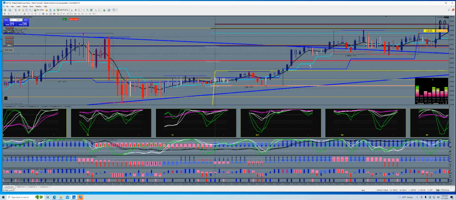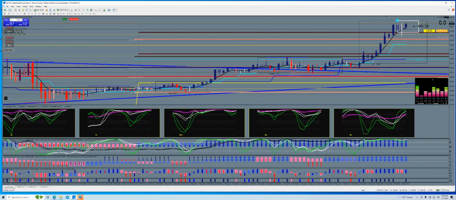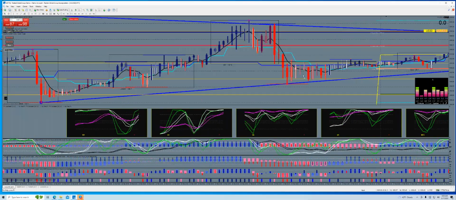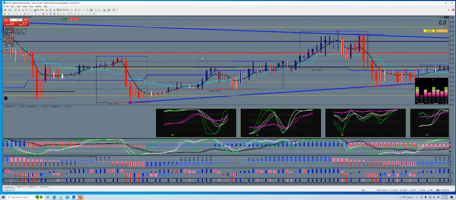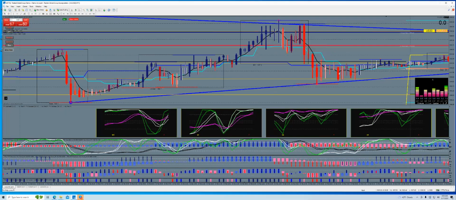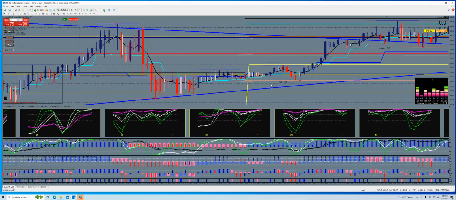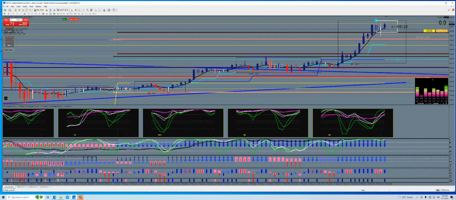Hit the long, and then it just broke out. But this is where it started, right? This is the peak. Came down, came over here. Now I'm looking for longs. Established the triangle. Now I'm looking for shorts. And then today I was looking for longs, and then it broke out.